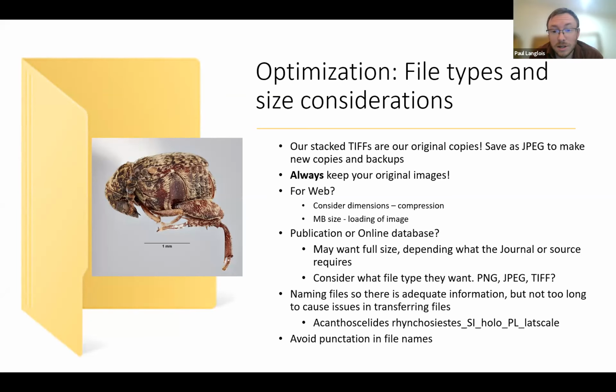You'll want to consider if your images are designated for the web, and consider the dimensions of it and the megabyte size. So I like giving this example for Facebook. A lot of the time you'll hear people will upload an image and say Facebook compressed it and kind of destroyed the quality, so to speak.